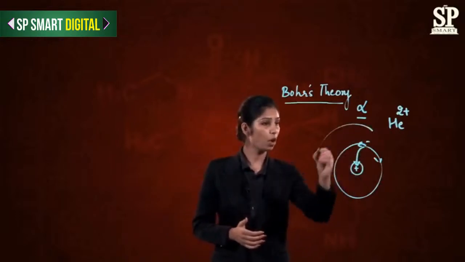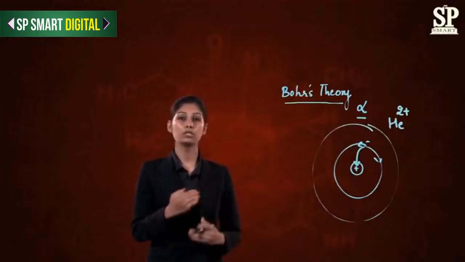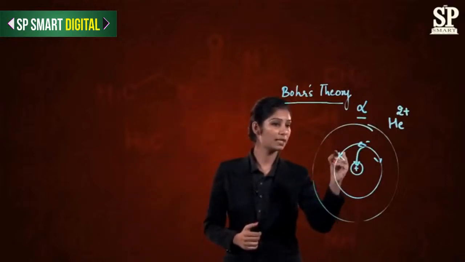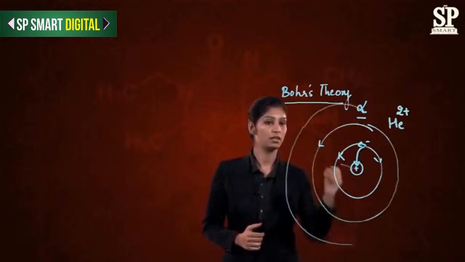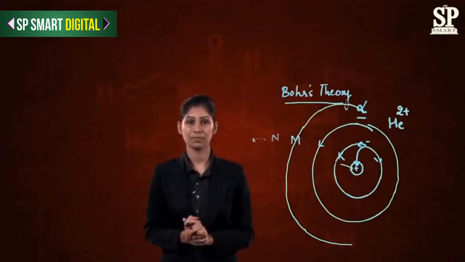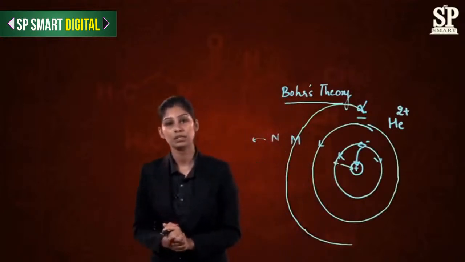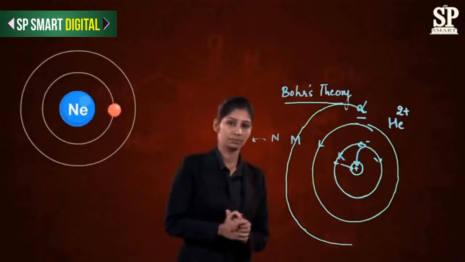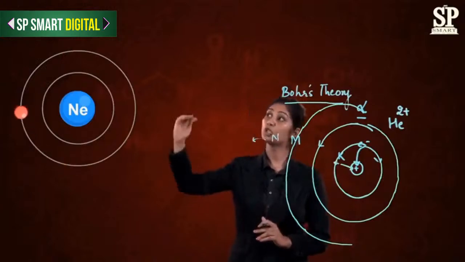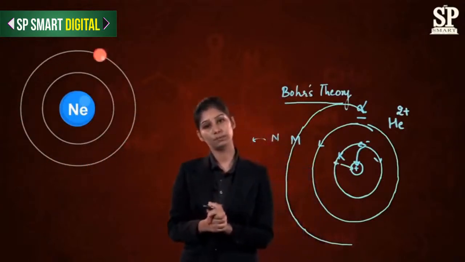As the radius of the orbit increases, the energy of these orbits also increases. These shells are also known as K, L, M, N, and so on, starting from the closest to the nucleus. Look at this diagram. An electron can jump from a lower energy level to a higher energy level by absorbing some amount of energy.